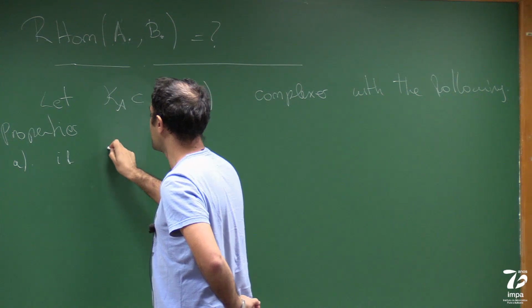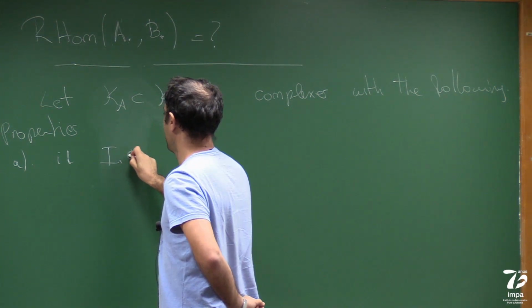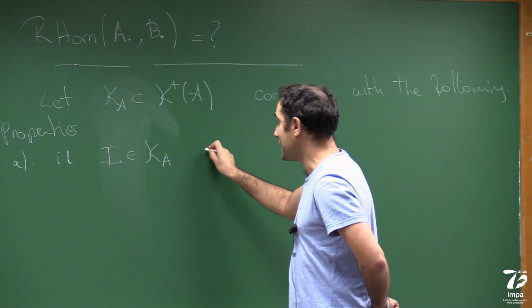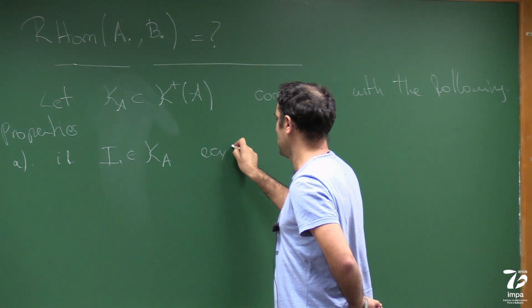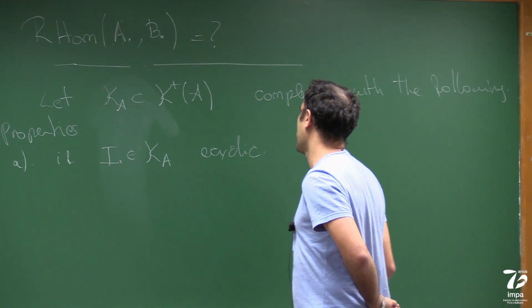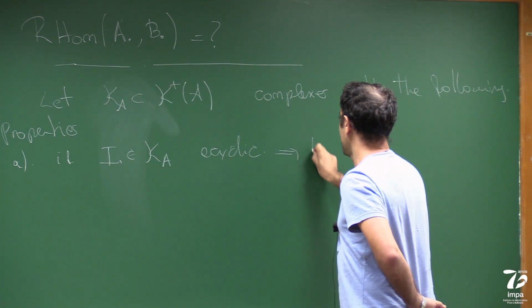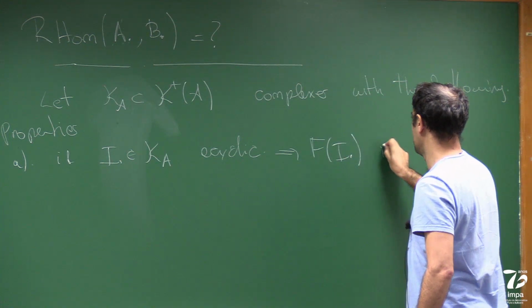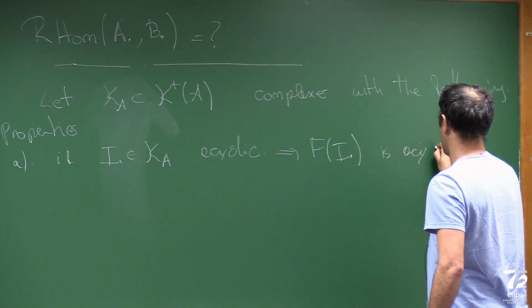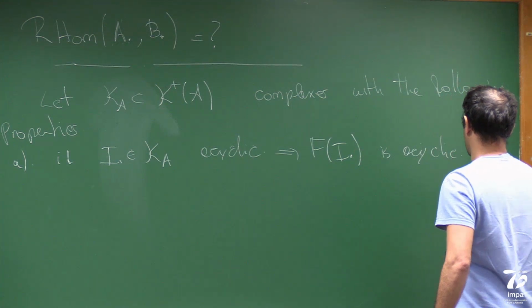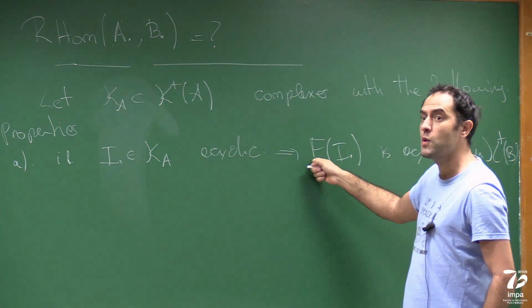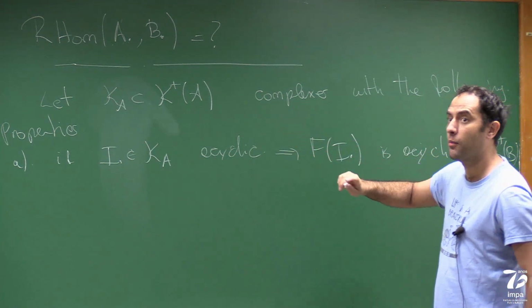If I have some complex in here, acyclic, then F of this is acyclic in K plus B. Now again, F only needs to be defined in the homotopy categories.